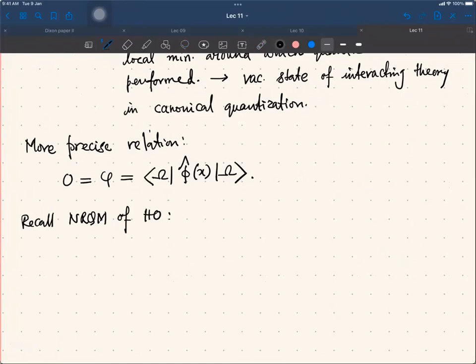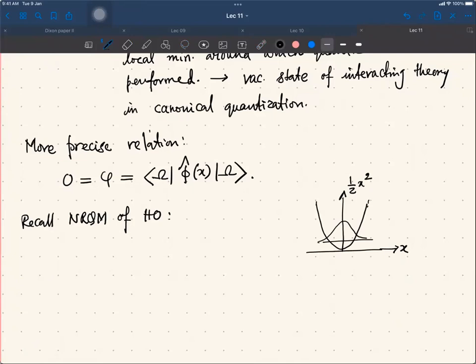There you have a potential say half x square, right? So with this potential, you are doing the canonical quantization of the oscillator, and then you find the vacuum state, which corresponds to 0 point energy. You find a vacuum state which is Gaussian like this.